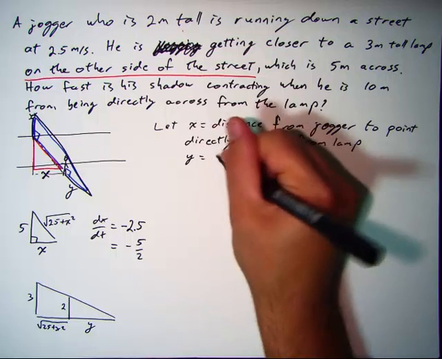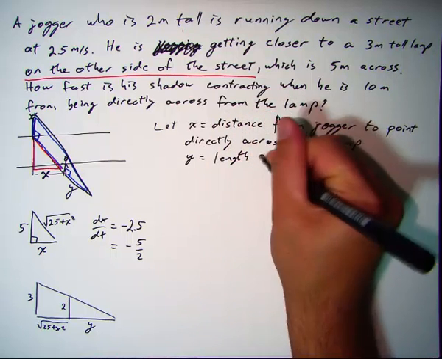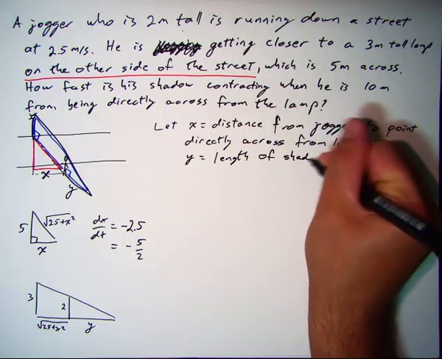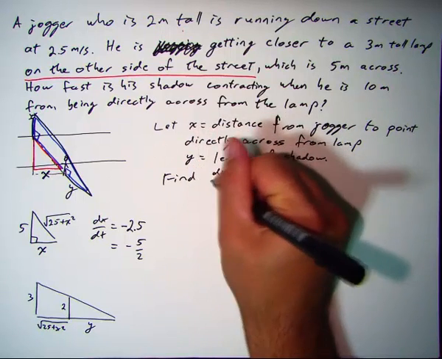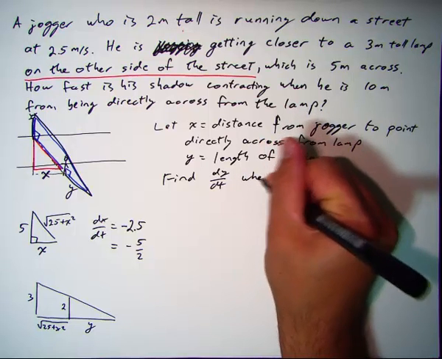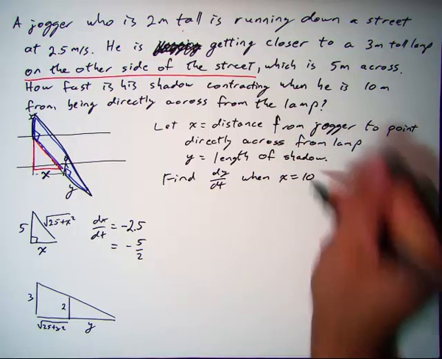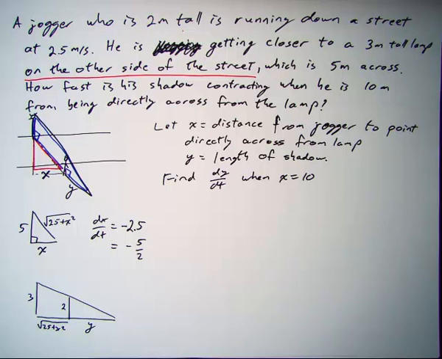And I should say y is equal to the length of the shadow. So I want to find dy by dt when x is equal to 10.